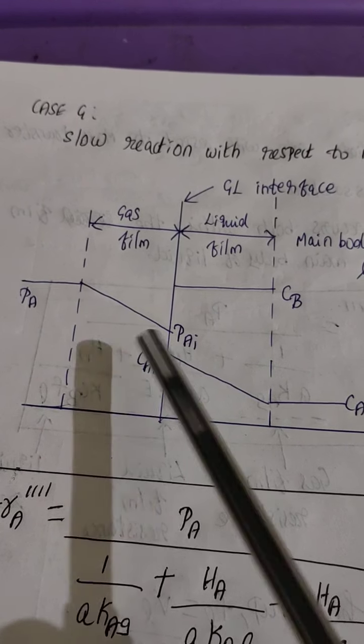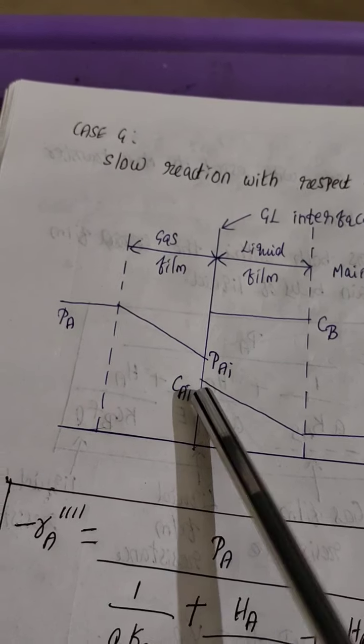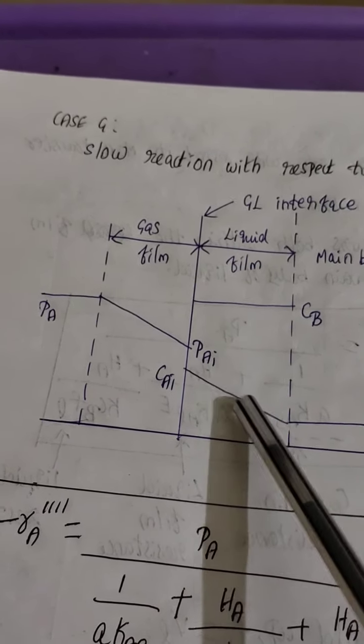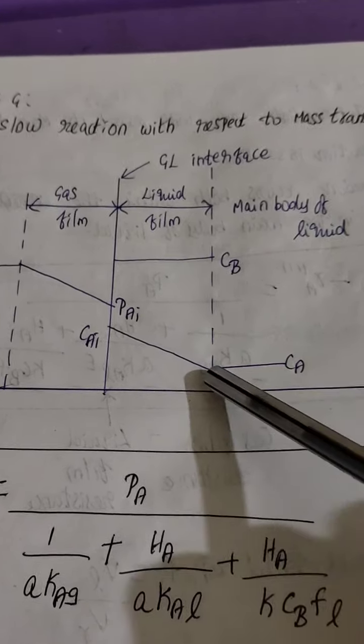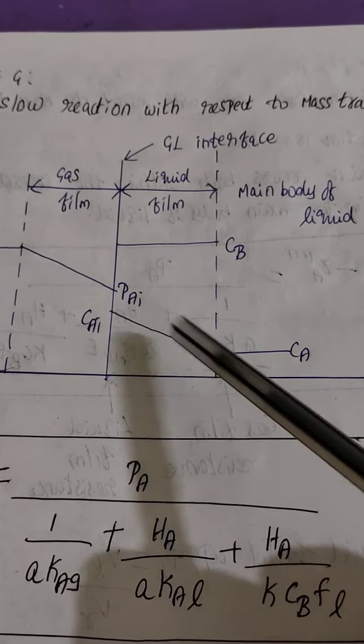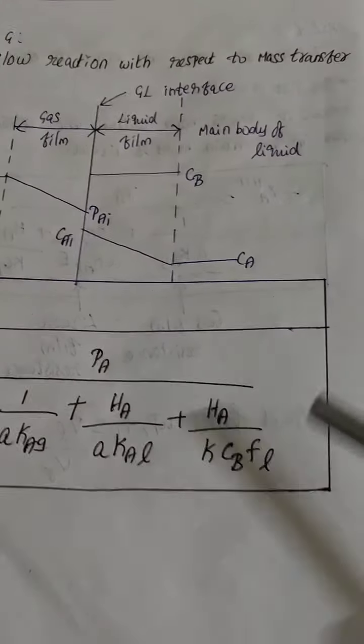So here you can find that gaseous reactant A is moving towards the liquid reactant, and due to mass transfer resistance there is a decrease in pressure and concentration, and here also we have mass transfer resistance, so due to that there is a decrease in concentration. So this is going to be slow reaction with respect to mass transfer. In this you can find that all these three resistances are playing a major role since it is a slow reaction.